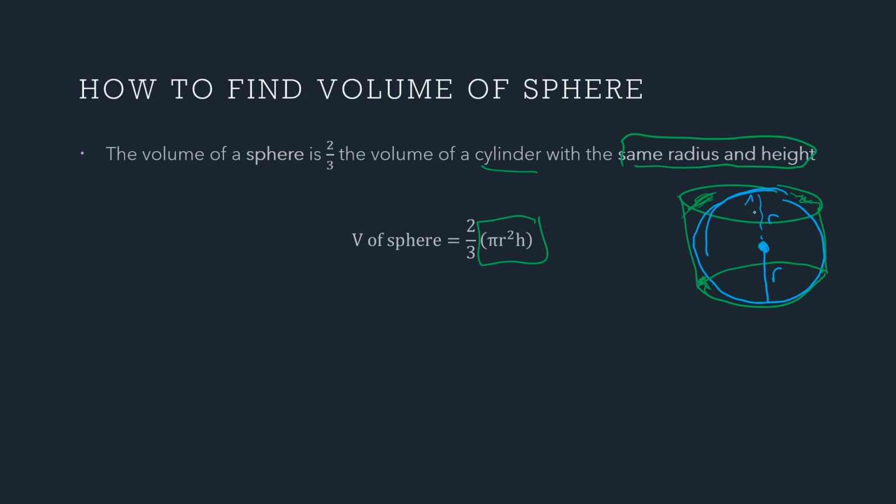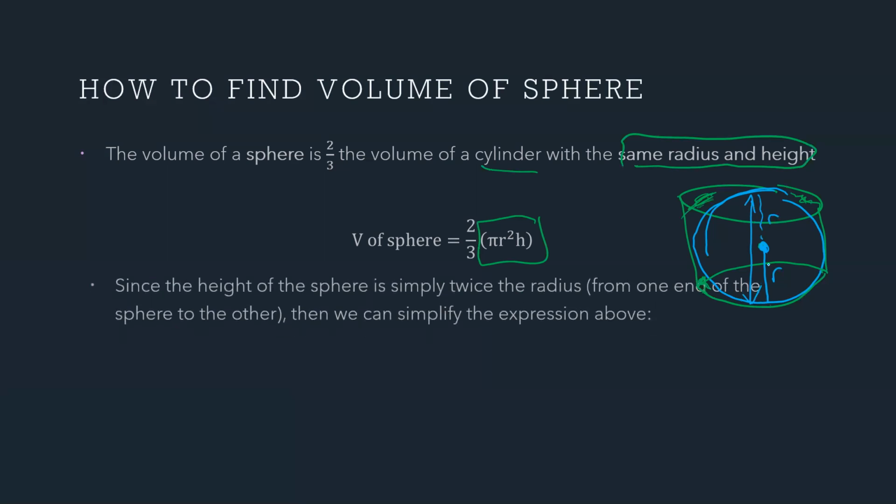If we combine it from one end to the other, that creates the height of the whole entire cylinder. So the height of the cylinder, which is the same height as the sphere, would just be 2 times the radius. That's our next big observation: the height of the cylinder is simply twice the radius.